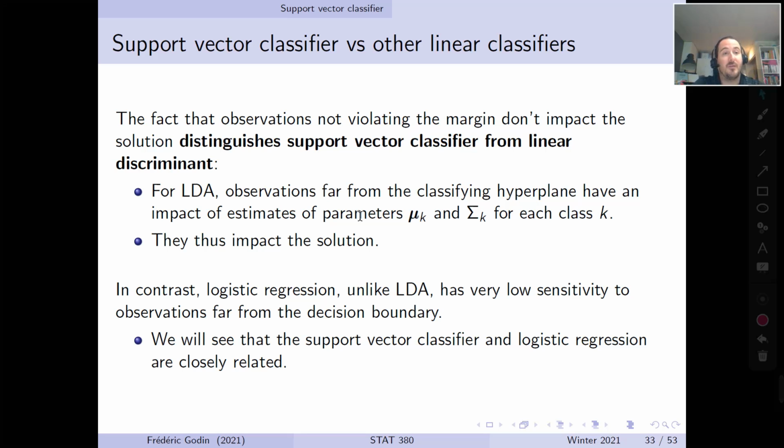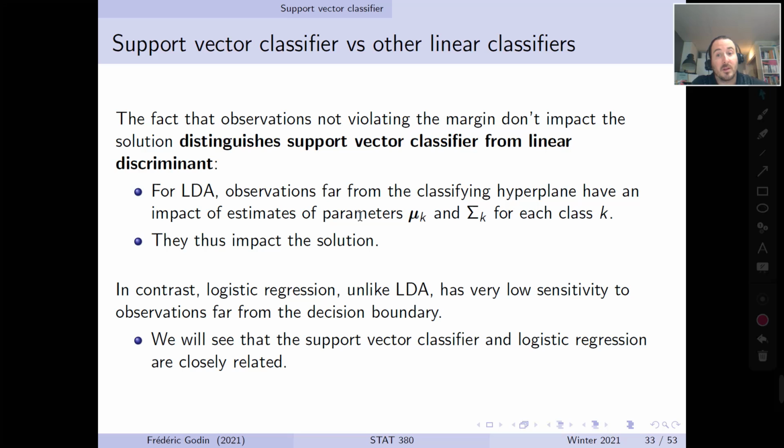So if you're in R2, for example, in two-dimensional space, then the predictor space is divided by a straight line, both with linear discriminant and the support vector classifier. However, for the support vector classifier, the solution only depends on the data points on the margin or close to the hyperplane, or violating the hyperplane.